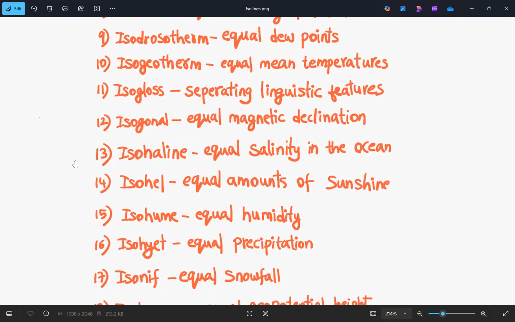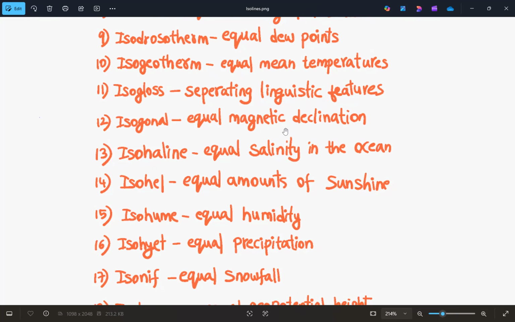In gonal we have gone, and magnet. Magnet was declined, and it was gone. We lost it somewhere. This is what isogonal measures. It measures equal magnetic declination.